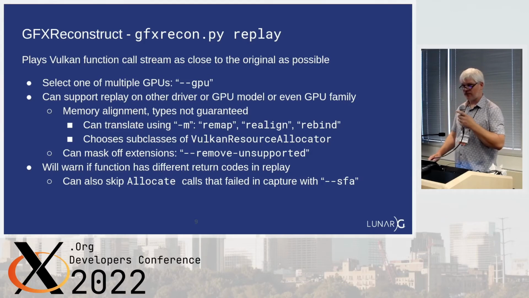So we have some captures in our CI system that ask for this extension, but then don't use it. And so in order for us to replay it, we use the remove unsupported command line option, and that goes and removes any extensions from the instance creation that don't already exist on this replay device. Of course, if an application uses the extension, all bets are off.